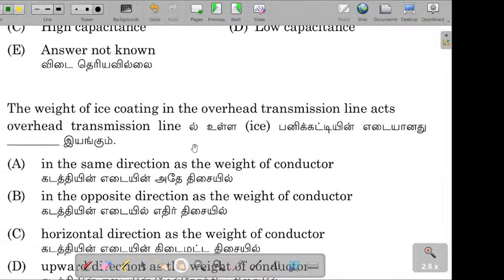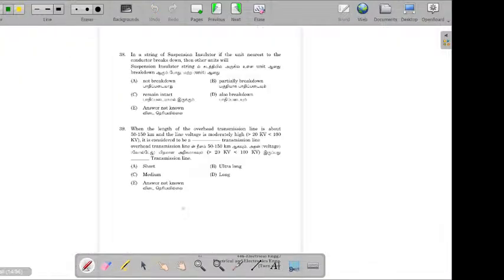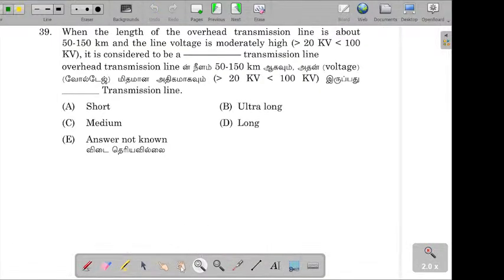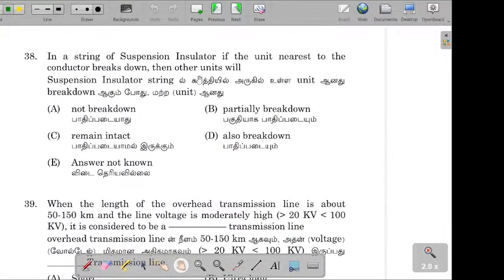The weight of ice coating in the overhead transmission line acts in the same direction as the weight of conductor. In a string of suspension insulator, if the unit nearest to the conductor breaks down, then other units will also break down.